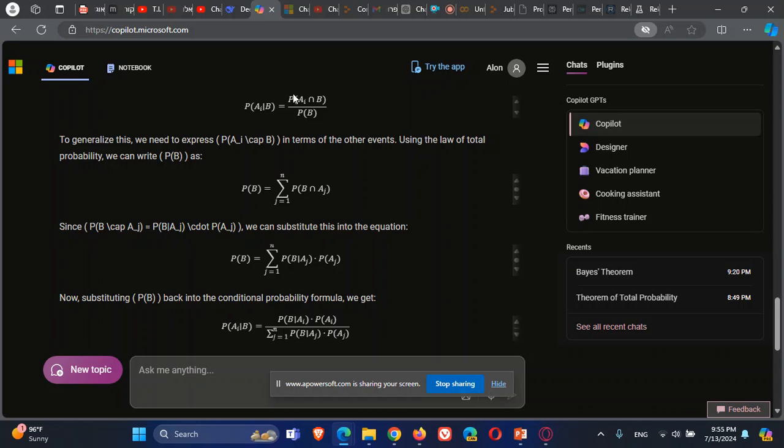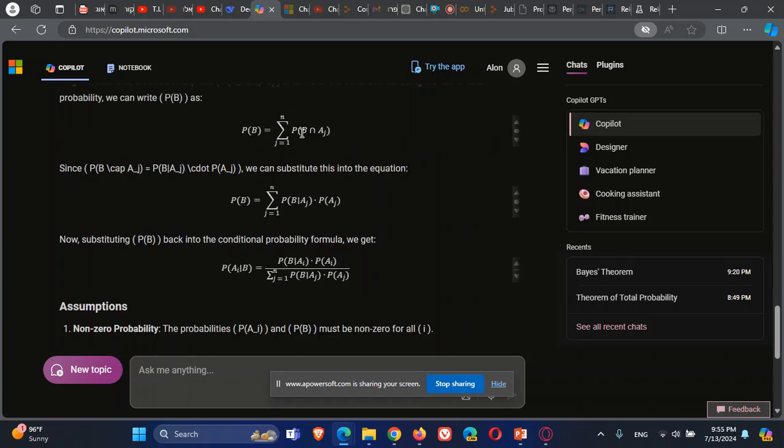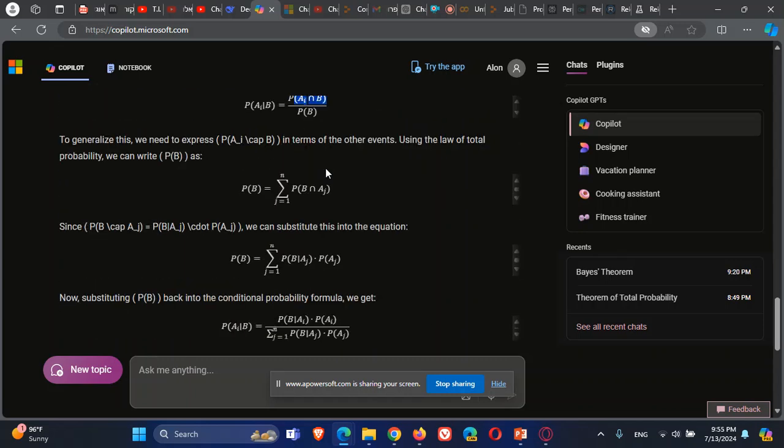Okay, so we defined what the probability of B is, and we can insert it here. Instead of the intersection, I can write this one, which is again by definition, as we just saw. We took the P(A) up, and this is exactly what we just used.